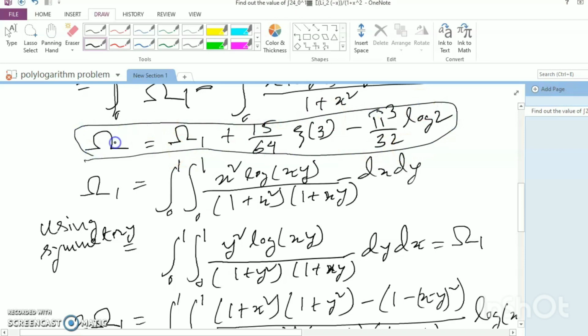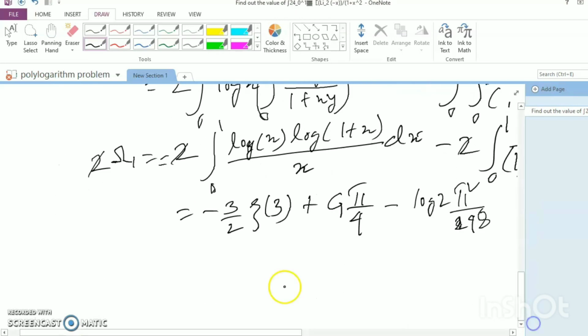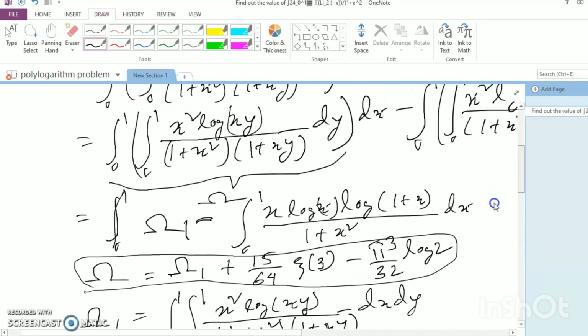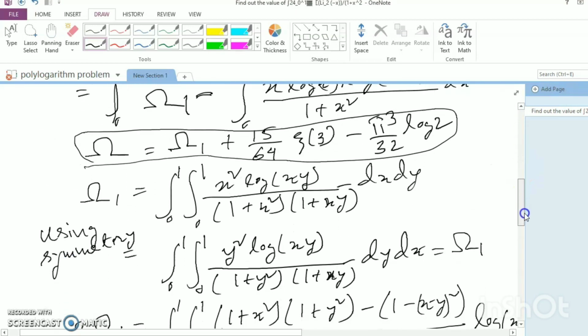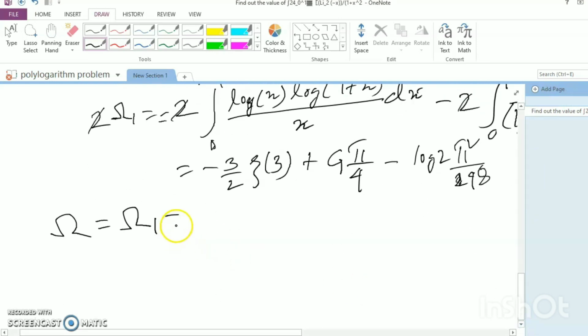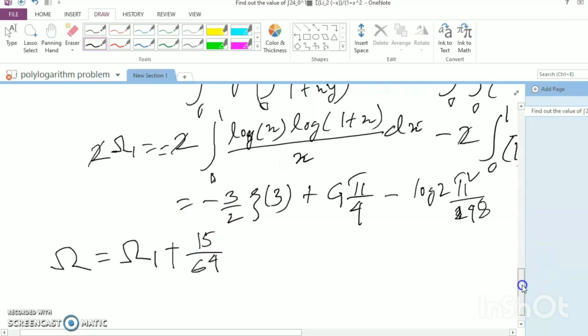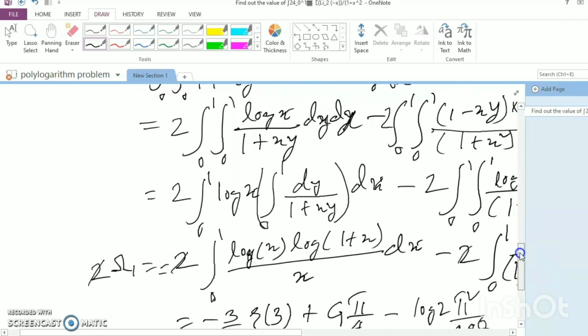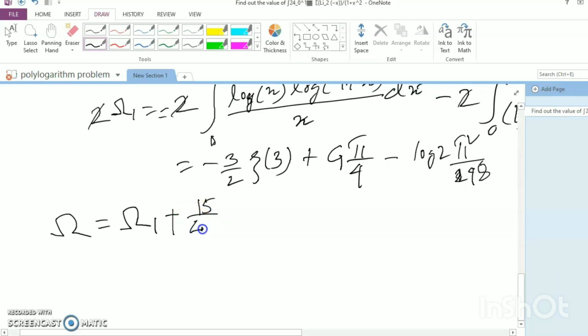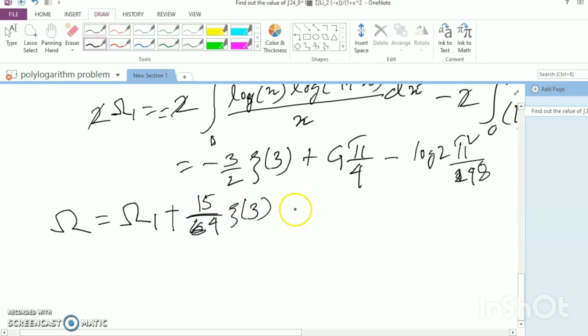So omega is equal to omega 1 minus 15 by 64 zeta 3, pi cube by 32 log 2.